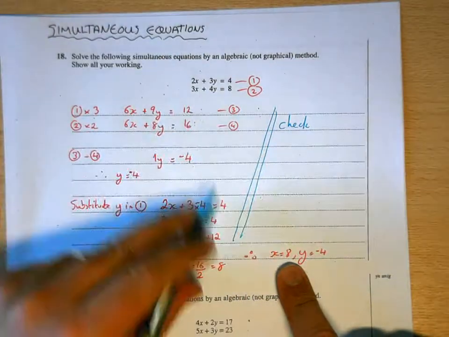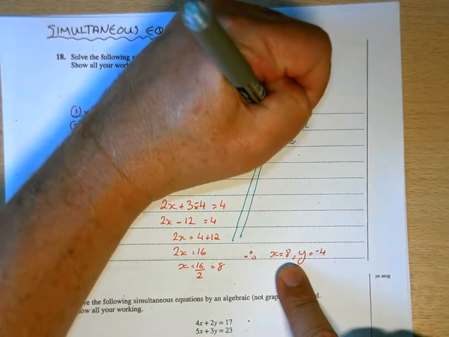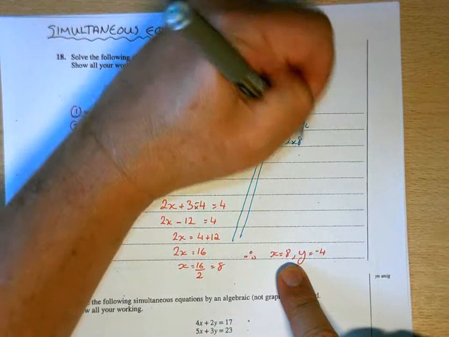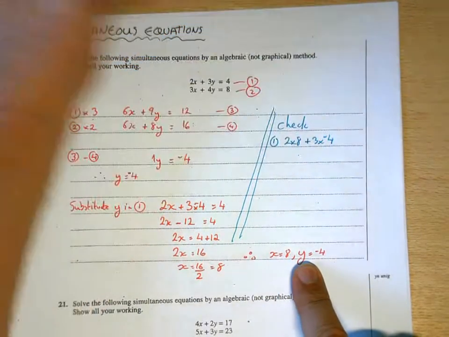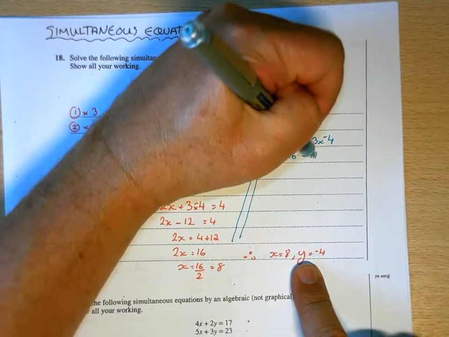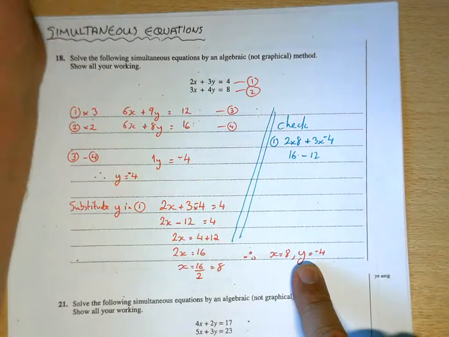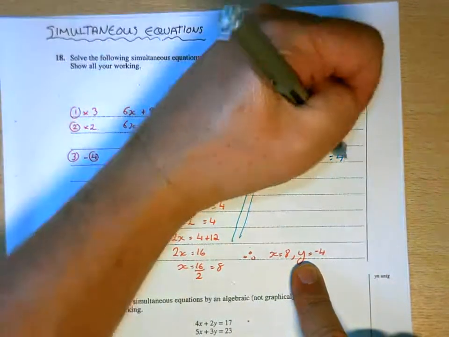So that means I'm going to have 2 times 8 for 1 plus 3 times negative 4. Well, 2 8s is 16. That becomes negative 12, and 16 take away 12 is 4, which is what that is.